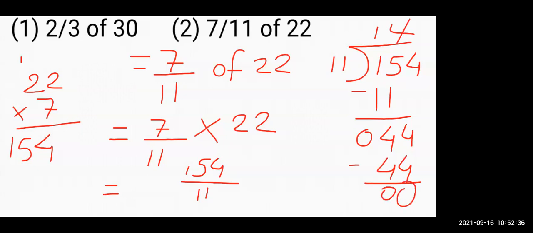If we divide 154 by 11, it is 14. What is the final answer? 14. Is it clear? So in this way we are going to solve the sums of fractions, whatever the given fraction is. If this type of sums are given, you have to solve like this only. So here we have done with our chapter 5, last part also.